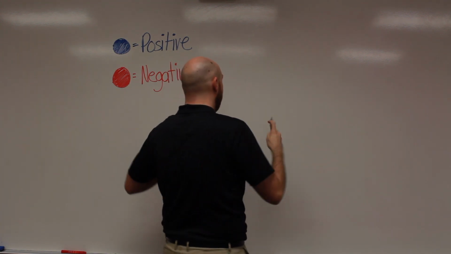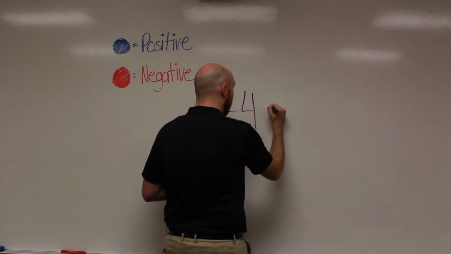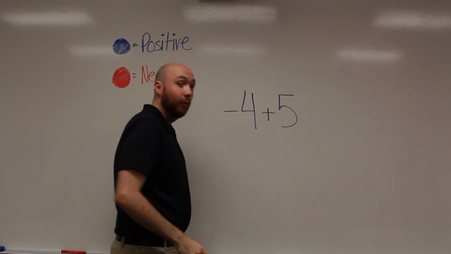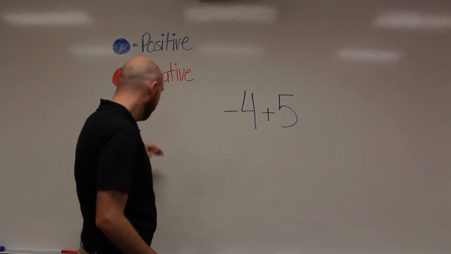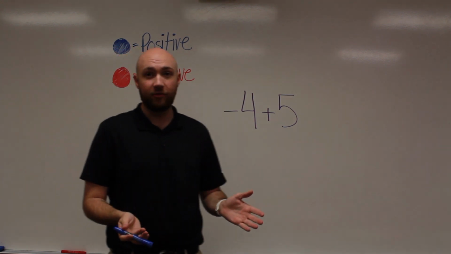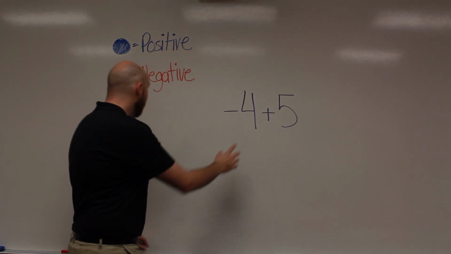So if we have a question that asks maybe -4 plus 5, and we want to figure out what this is, using these different colored circles, we can figure it out by just drawing a picture. Or if you have the chips, you can use chips. So I'm going to draw a picture.